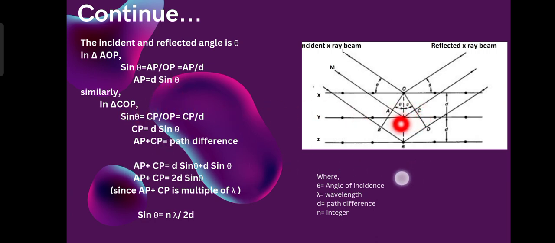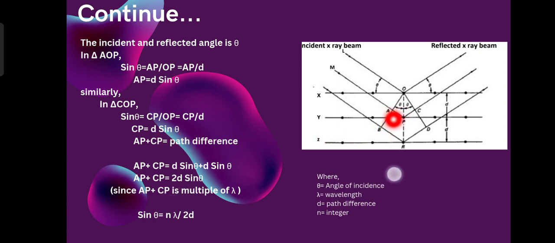Similarly, we will carry out the same for triangle COP. So in triangle COP, same, sine theta is opposite upon hypotenuse. So opposite would be CP and hypotenuse would be OP, CP upon OP. And OP is again the interplanar distance D. So upon rearranging, we will get CP equals D sine theta.